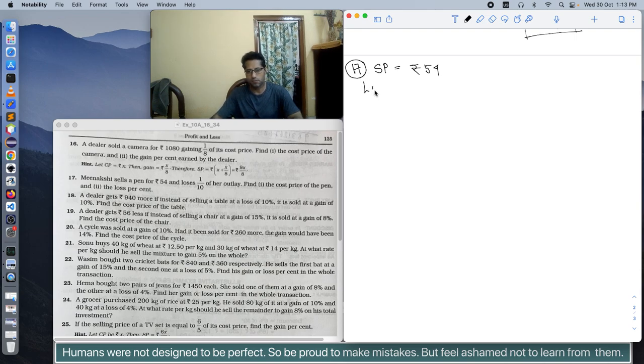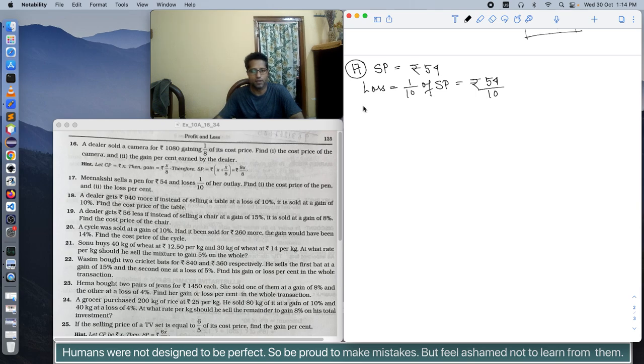So loss is equal to 1/10 of SP. SP is rupees 54. So 1/10 of SP is rupees 54 by 10. This is the loss. Okay.